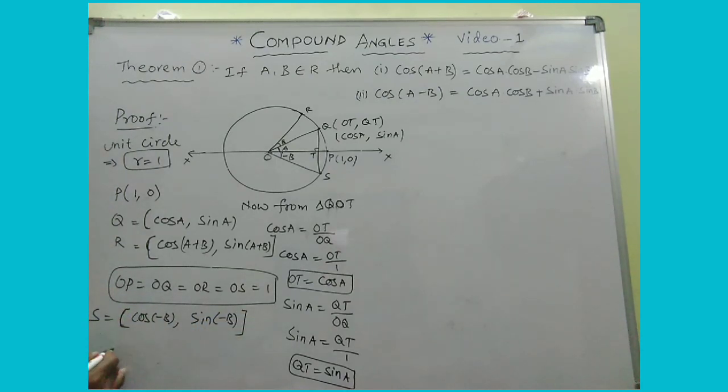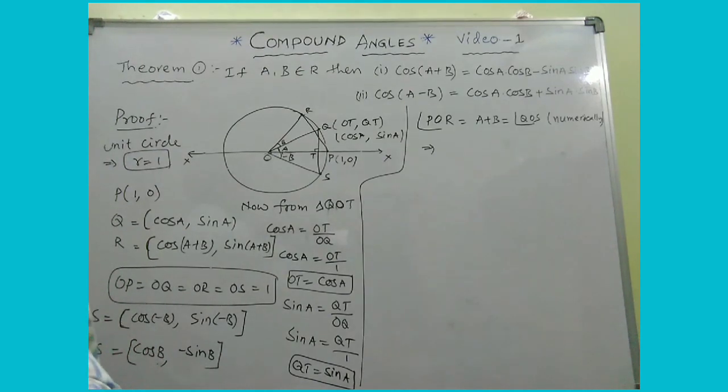Cos of minus theta is cos theta, hence this is cos B, and sine of minus theta is minus sine theta, so this is minus sine B. So these are the coordinates of S. This is very important, my dear, until here: the coordinates of P are 1, 0, and similarly Q, R and S. So this is the first portion, right? Now let us see here.